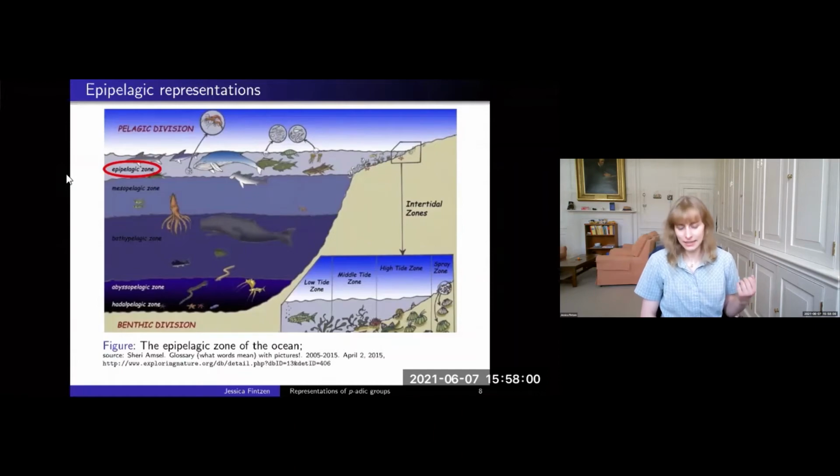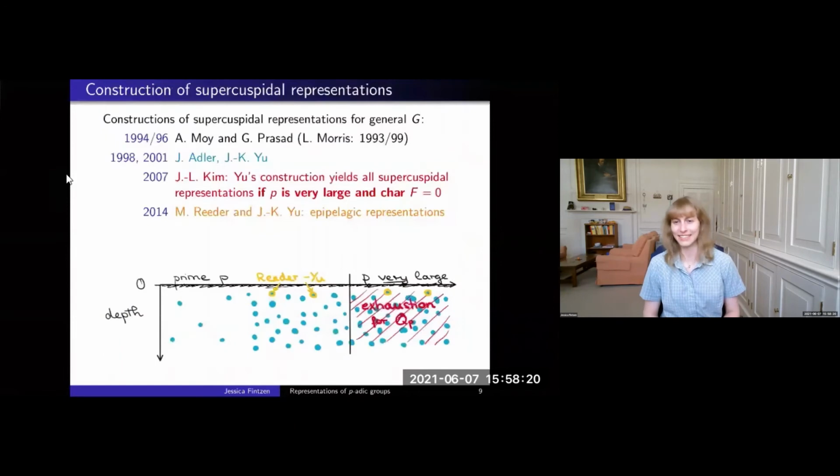There are more epipelagic representations than the ones that arise from Reeder and Yu. They only produced some of them, but if you look at the definition, there are others that are more complicated. I think it's a nice terminology, but we have to be a bit careful with how to move on. People do start talking about mesopelagic for different things.